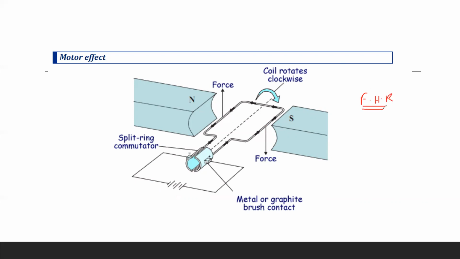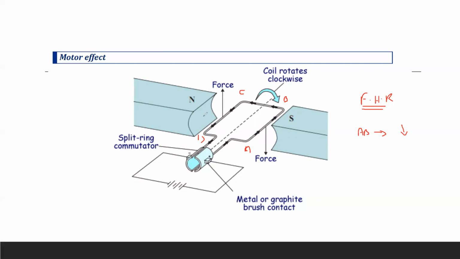So Fleming's left hand rule. The first finger represents the magnetic field, north to south, so the first finger should point towards south. The second finger represents the direction of the current, and if I label these sides A, B, C, and D, the current is passing from A to B. So for side AB, when we calculate, the force will be down.